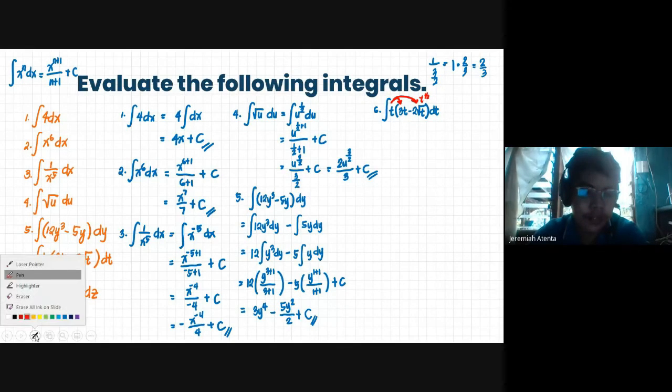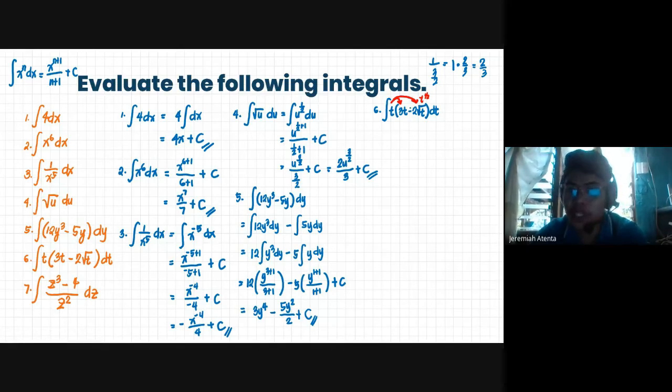So you will now have t times 3t, that is just equal to 3t squared, right? Then minus t times 2t to the 1/2, that is just 2 times t times t to the 1/2. You will just add the exponents, so 1 plus 1/2 is just 3 halves. So you have t to the 3 halves.